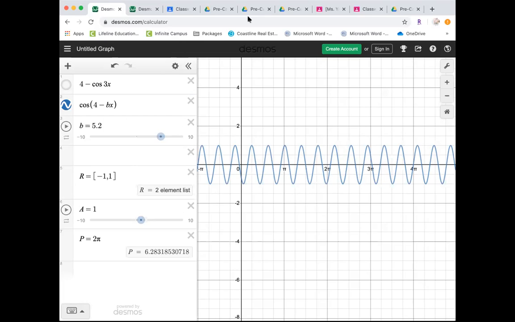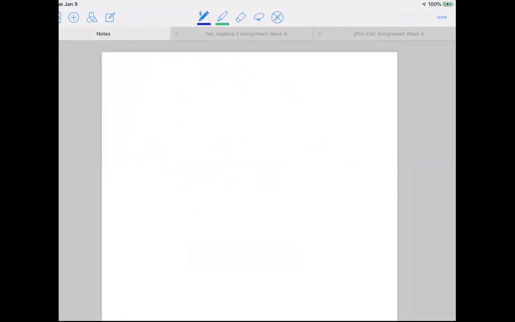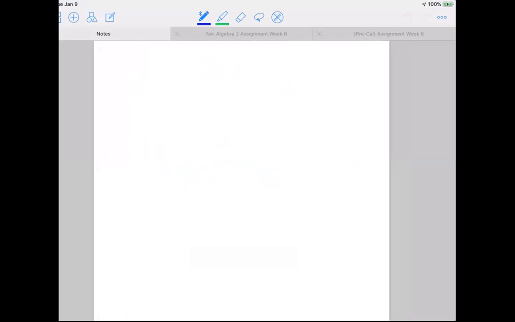Okay. Let me go back to the homework page. And you guys do number 18 and 20. 18 is this, and 20 is this one. Oops, that's not 20, that's 19.